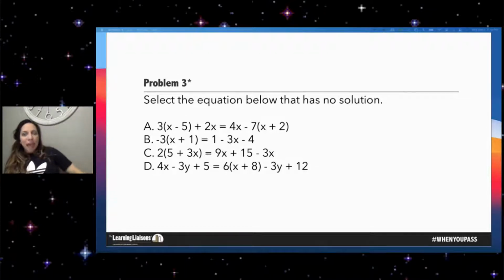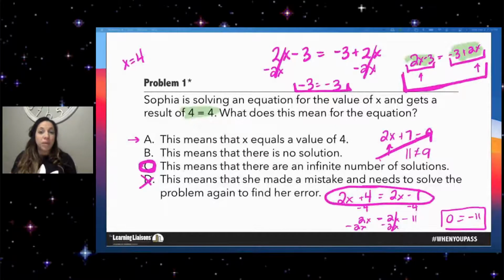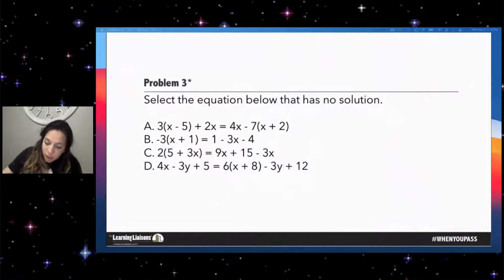This goes right back to that first problem we did today, and to our conversation where we were talking about no solution, infinite number of solutions, and finite solutions. So let's look at these problems and determine which one has no solution.